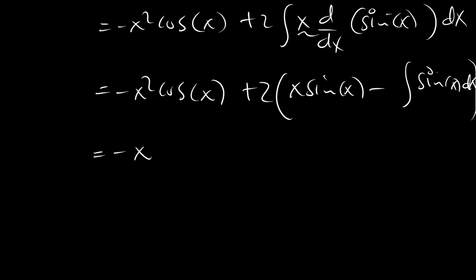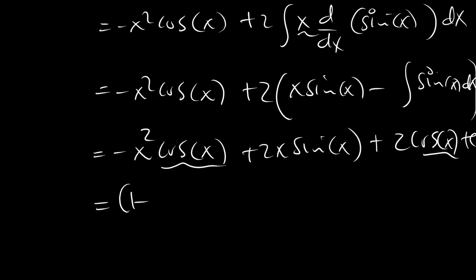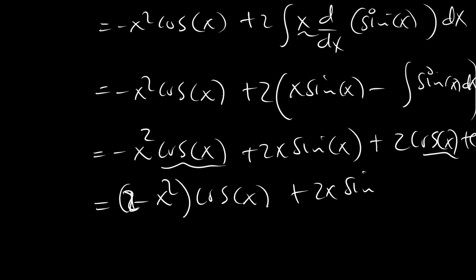And this is the same as negative x squared cosine of x plus 2x sine of x plus twice cosine of x plus c. And therefore we can consolidate this. So we have 2 minus x squared cosine of x plus 2x sine of x plus c.